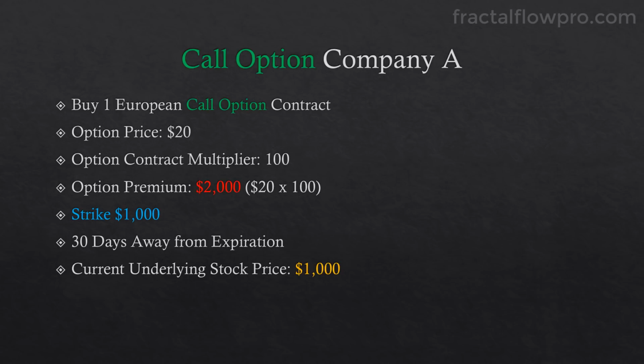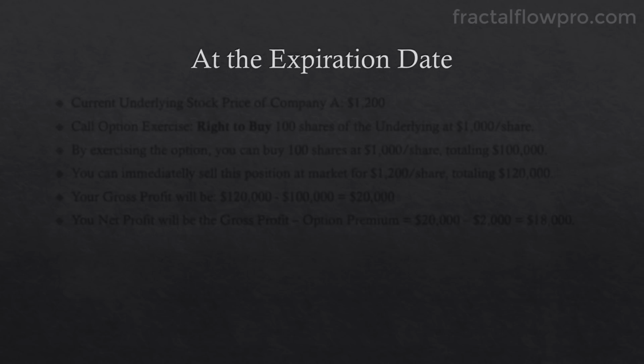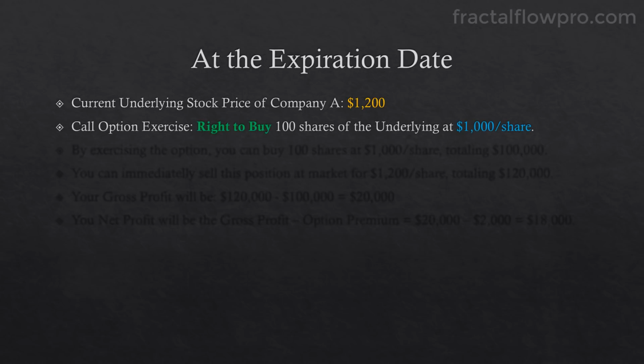Now let's imagine that we fast forward to the expiration date 30 days later, and the underlying stock price is at $1,200. This is where you begin to understand the real value of option contracts. With this call option, you acquire the right to buy 100 shares of the underlying stock at a fixed price of $1,000 per share, but at the expiration date, the underlying stock price increased to $1,200.